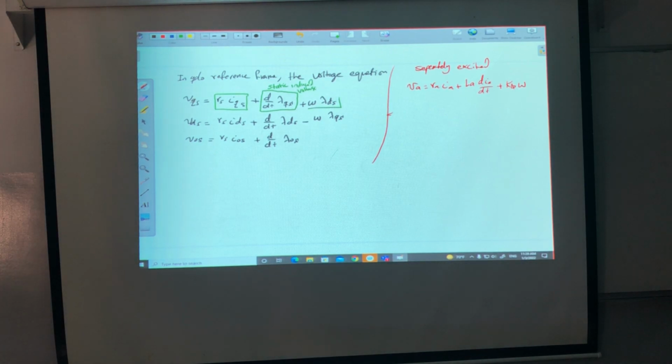Now the last term is also an induced voltage, due to rotation. So the last one is induced voltage due to rotation.